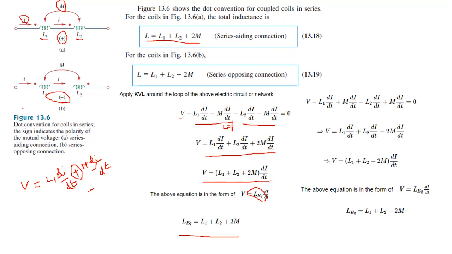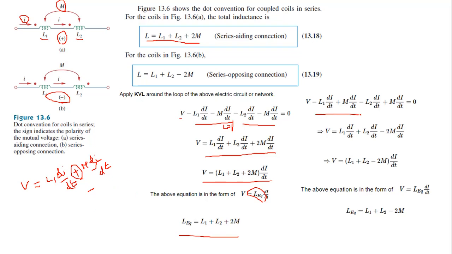So KVL will be V minus drop across coil 1 minus drop across coil 2 is equal to 0. The equation for coil 1 is L1 di by dt minus M into di by dt, and for L2 it is L2 di by dt minus M di by dt.